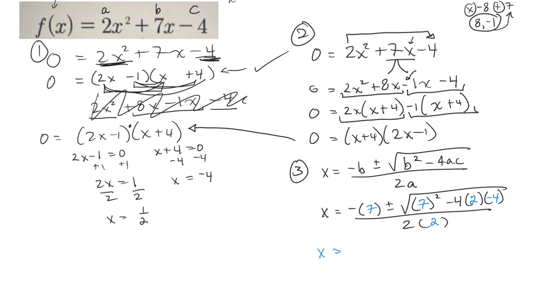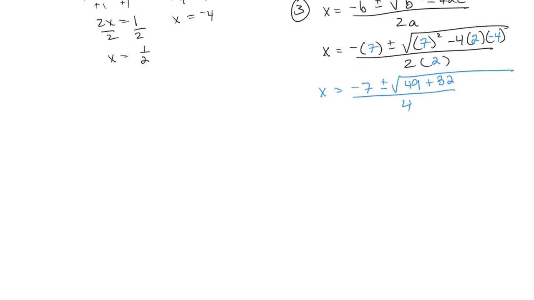Okay, so to simplify, this will be a negative 7 plus or minus square root. 7 squared would be 49. 4 times 2 is 8, times 4 is 32. Negative times negative, so it would be positive 32. All over 2 times 2 is 4. So I have x equals minus 7 plus or minus the square root of that would be 81. Oh, nice. All over 4. Minus 7 plus or minus the square root of 81 is 9, over 4.